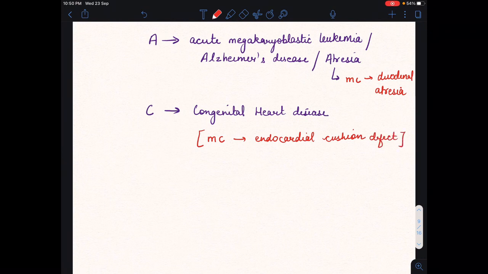And what do we mean by endocardial cushion defect? It means atrioventricular septal defect. So our most common congenital heart disease in Down syndrome is endocardial cushion defect.